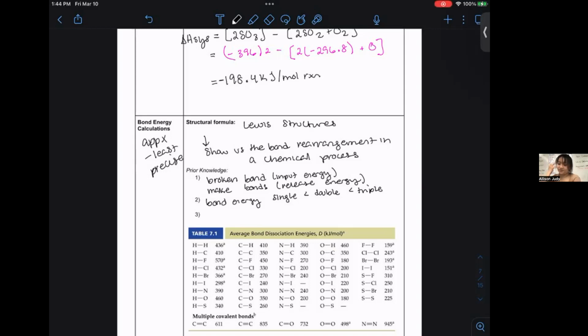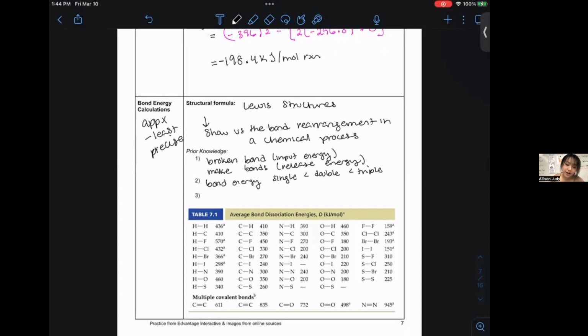We also already know that the shorter the bond, the stronger the bond, the greater the bond energy, which connects to the point above.